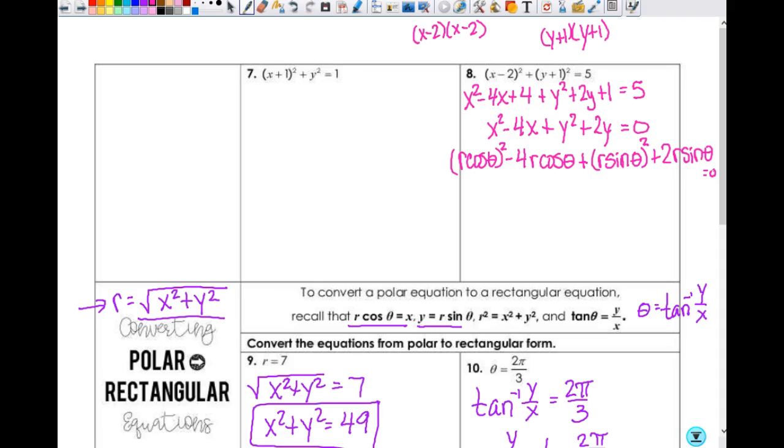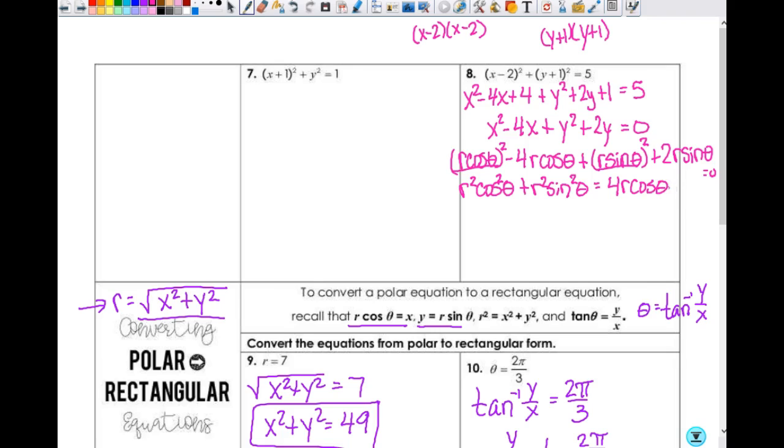Okay. So here's what we're going to do. We're going to take the r cosine, so this is going to be r squared cosine squared theta. Then we're going to put the other squared next to it, so this is going to be plus r squared sine squared theta. Since this was negative, we're going to move it over here, and this is going to be the positive 4r cosine theta.